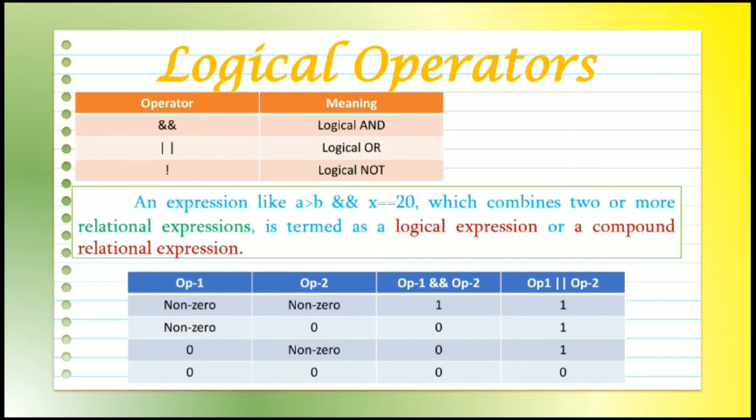Next, if the first operand's value is 0 and the second is non-zero, then logical AND will be 0 and logical OR will be 1. And if both the operands' values are 0, then logical AND will be 0 and logical OR will also be 0.